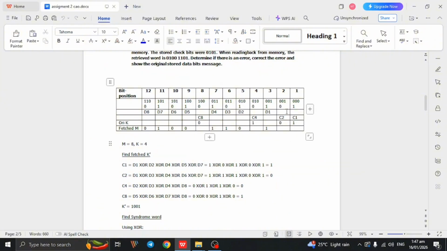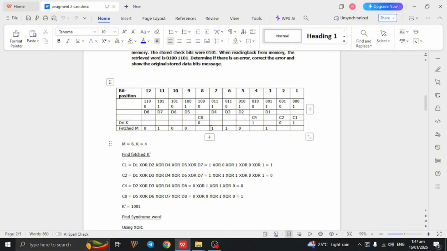For check bit 1, we look at the least significant position, the first position that has a 1. So we look for data bit 1, data bit 2, data bit 4, data bit 5, and data bit 7, which have 1.